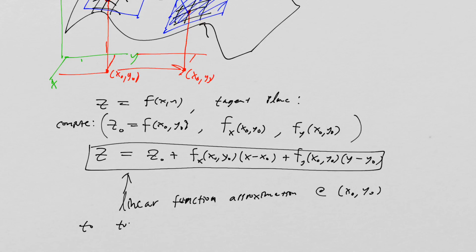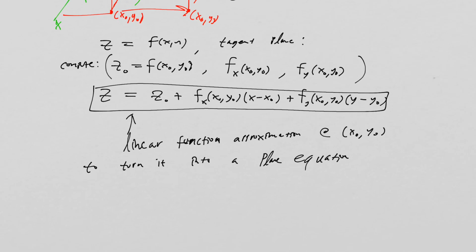To turn it into a plane equation, all we have to do is subtract over the z variable.